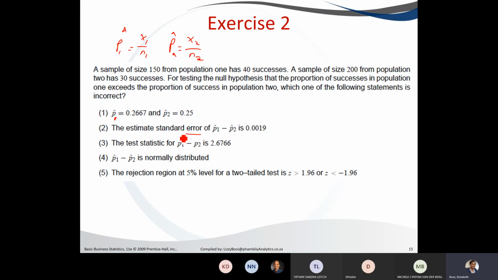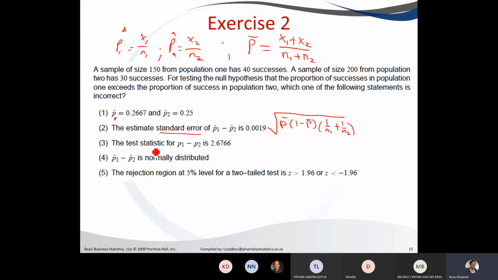And the standard error is the square root of your point estimate times 1 minus the point estimate times 1 over n1 plus 1 over n2. That's the standard error. And remember that your point estimate is your x1 plus your x2 divided by n1 plus n2.